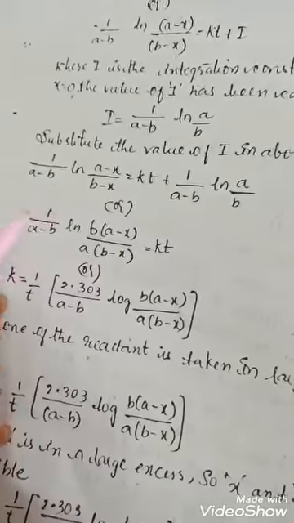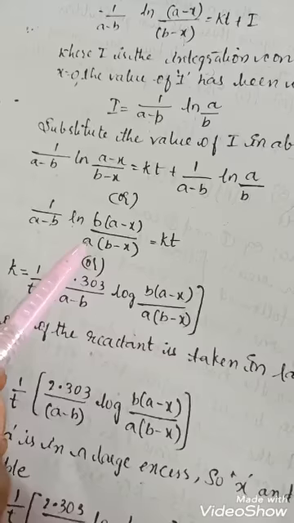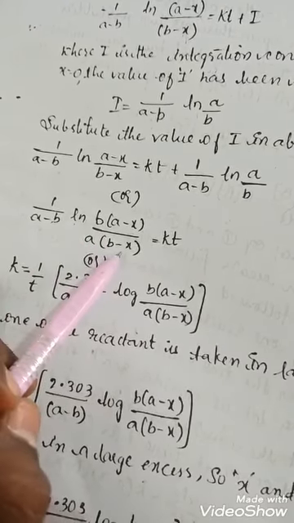Taking this to the other side, 1 by (a minus b) log of b into (a minus x) over a into (b minus x) equals kt.